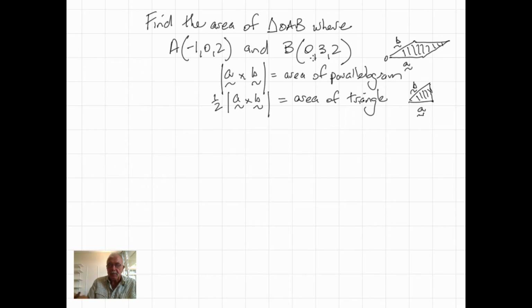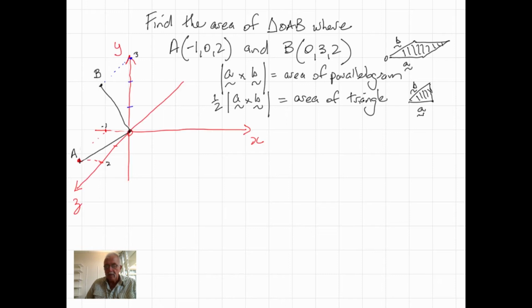It may be helpful to spend some time to actually go and see what point A and B look like when you put them into three-dimensional space. Now, I've done it slightly different to your notes, and I've put X, Y in a normal spot, and Z will come out here using the right-hand rule.